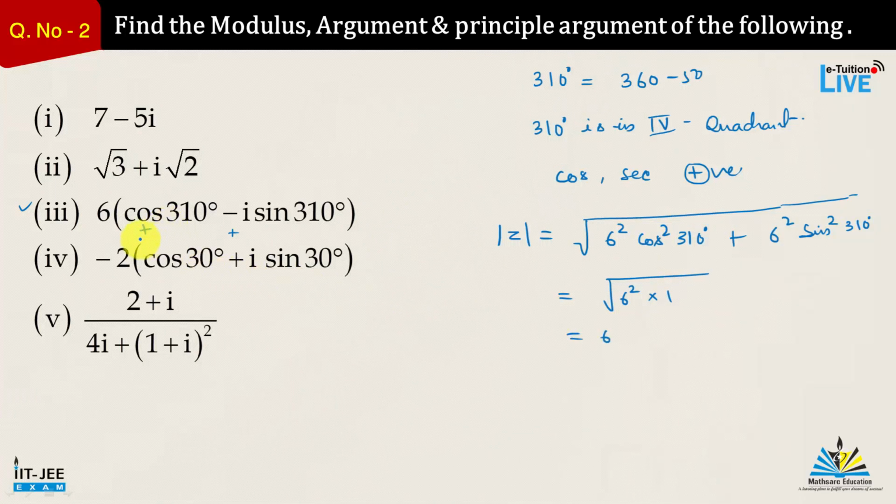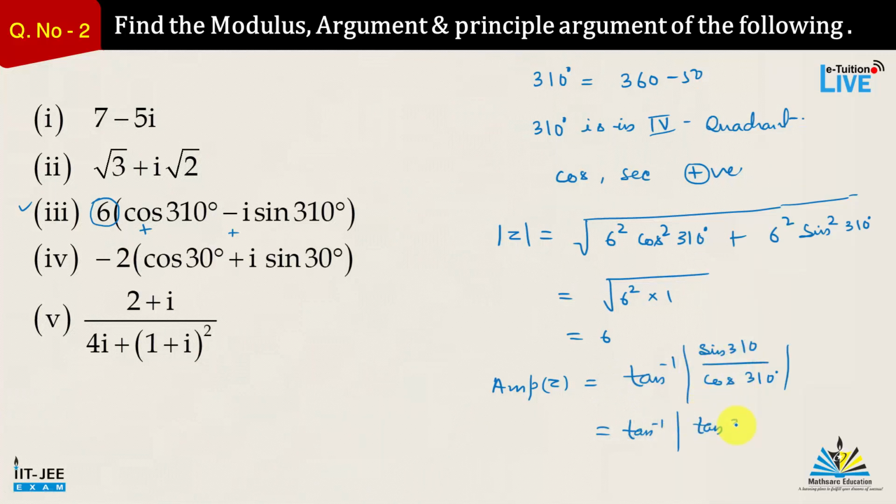You can observe here one thing, that this number is showing the modulus of this complex number, and we already saw that this complex number lies in the first quadrant, so the amplitude of z will be calculated as tan inverse mod of sine 310 degree upon cos 310 degree, and that is tan inverse, and this is tan 310, that is tan 360 minus 50 degree.